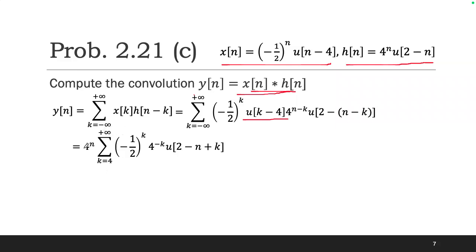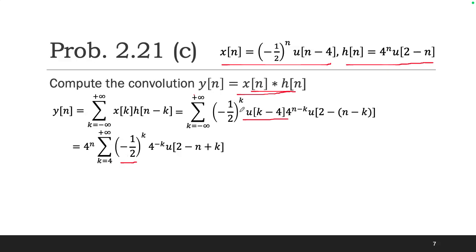Why can I take the 4 to the power n out, but the negative 1/2 cannot be taken out?